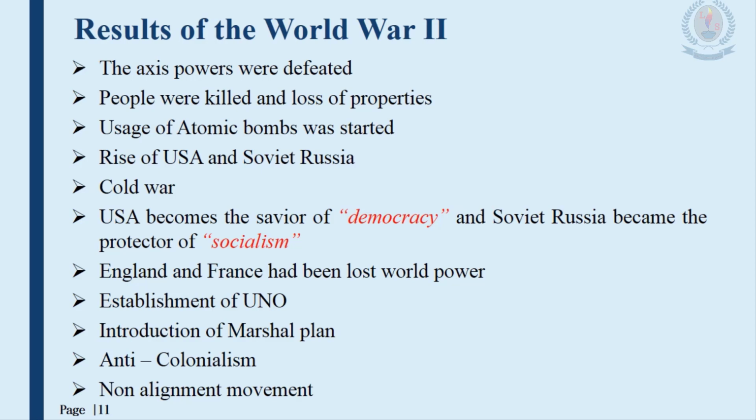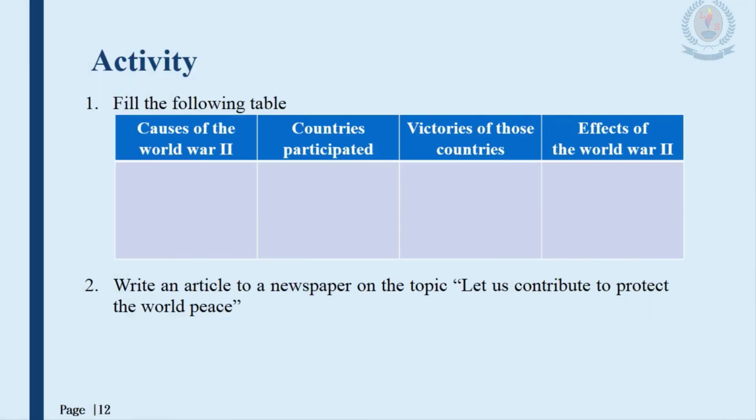Okay, on this page you have to do some activity. So fill the following table and write an article to a newspaper on the topic of let us contribute to protect the world's peace. So here you need to introduce what is world peace and what were the obstacles for world peace.